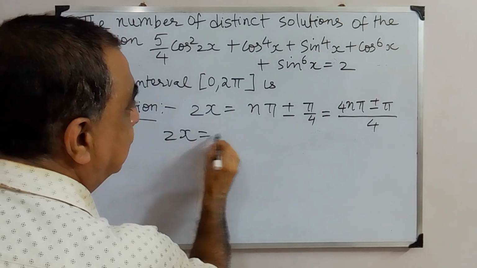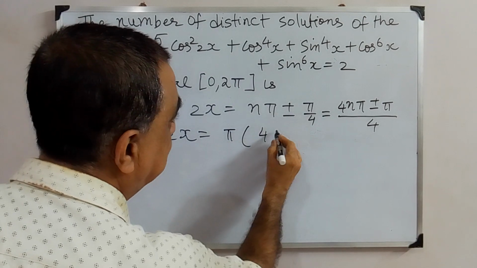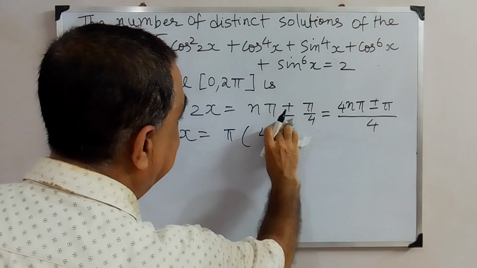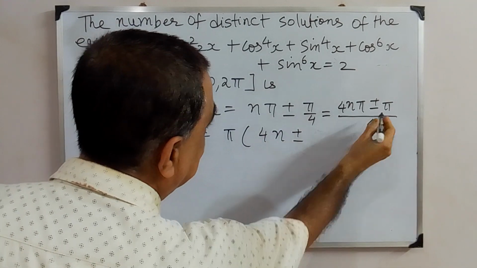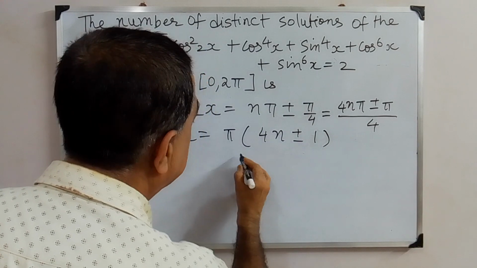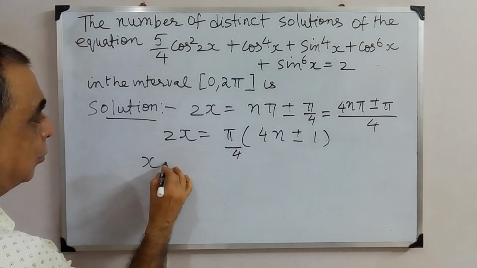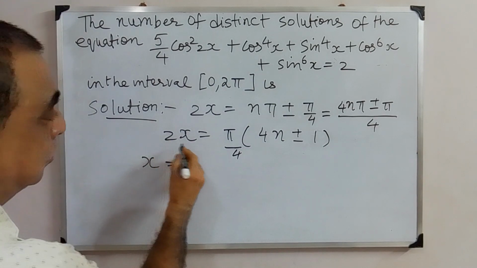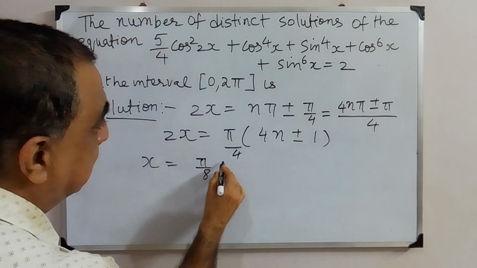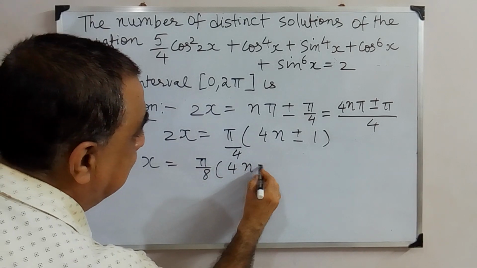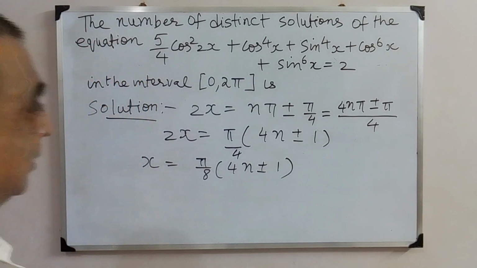So 2x is equal to, here taking pi common, it will become 4n plus minus 1, pi taken out. Whole divided by 4, so pi by 4. So x value becomes, here it is 2 multiplied, so 2 carrying to this side, it will become divide. So pi by 8 into 4n plus minus 1. So we are getting this.